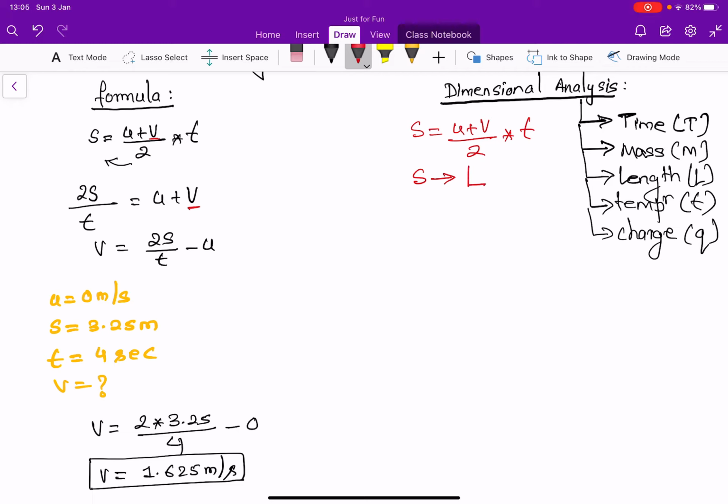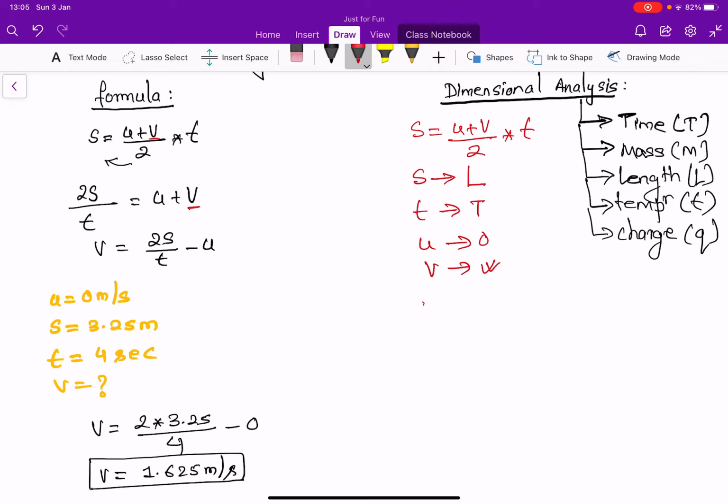And then we have t, which is time, and we're going to write that as T. We also have u and v. Since we need to calculate v, we are going to leave this as it is, and we know from the information that u is 0. So we're not going to write anything for u.